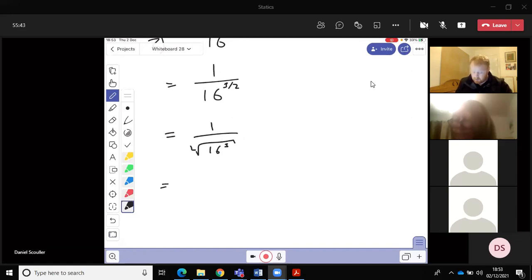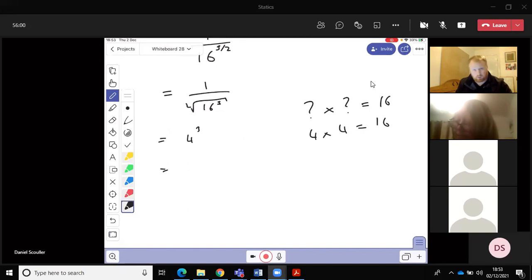So what multiplies together twice to equal 16? Nice easy one, 4 times 4. So it's 4 to the power of 3, which is 4 times 4 times 4, so it's 16 times 4. We did that already, it's 64.